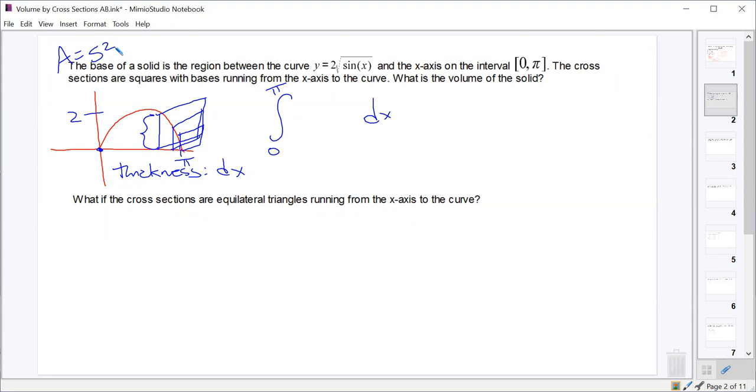Yeah, the height from the x-axis to the sine curve. Right, exactly. It's just the x-axis to the function 2 root sine x. It's just whatever the y value is, and the y value is 2 root sine x. So we should be able to write this as 2 root sine x, squared. We're going to say s is equal to y. So our area is y squared, and y is 2 root sine x.